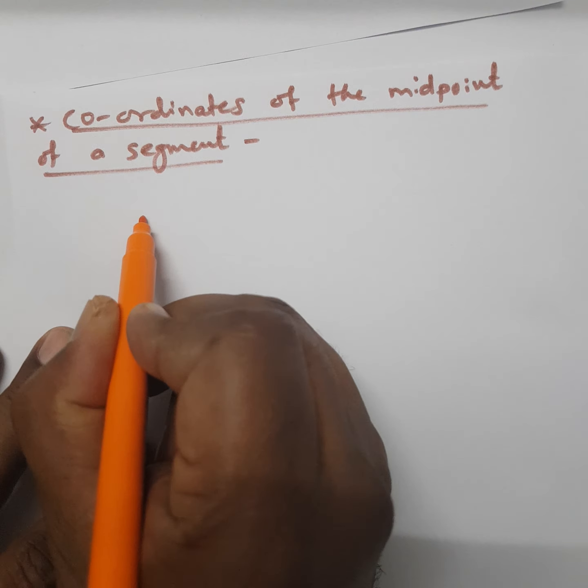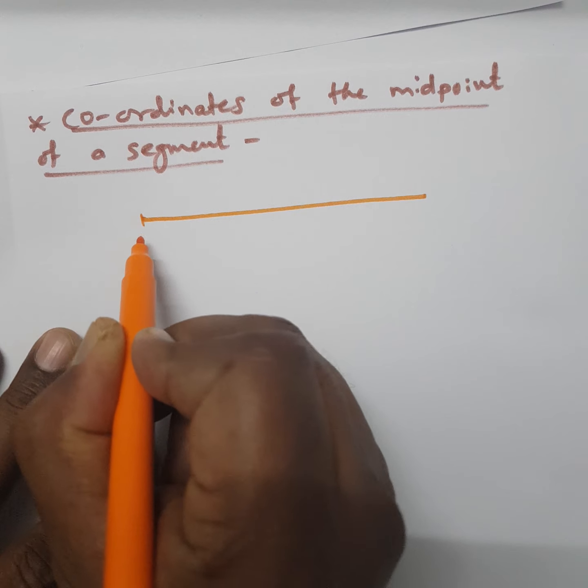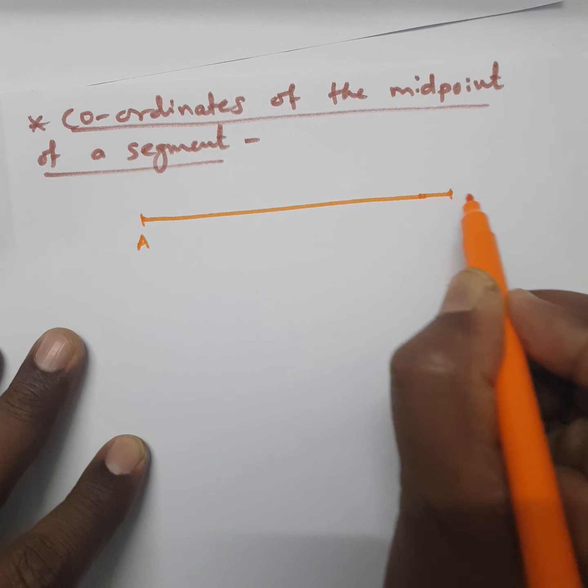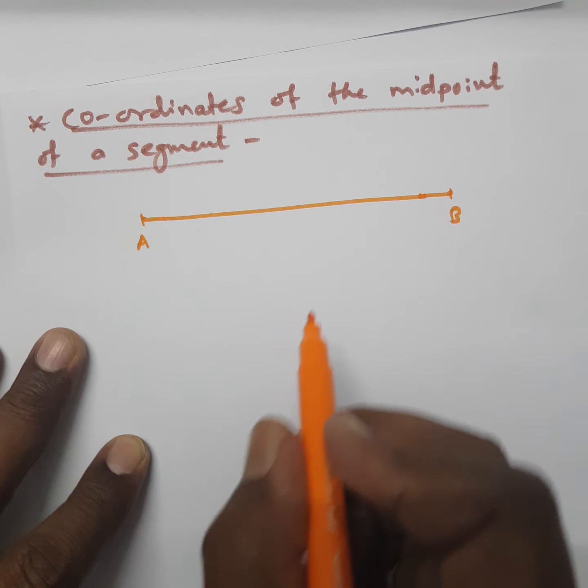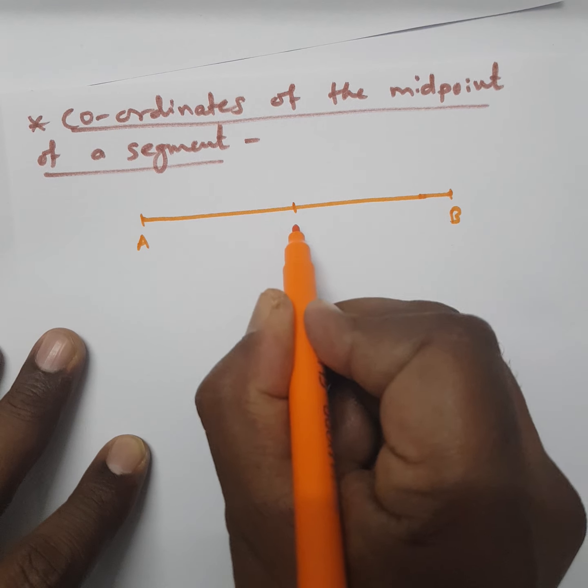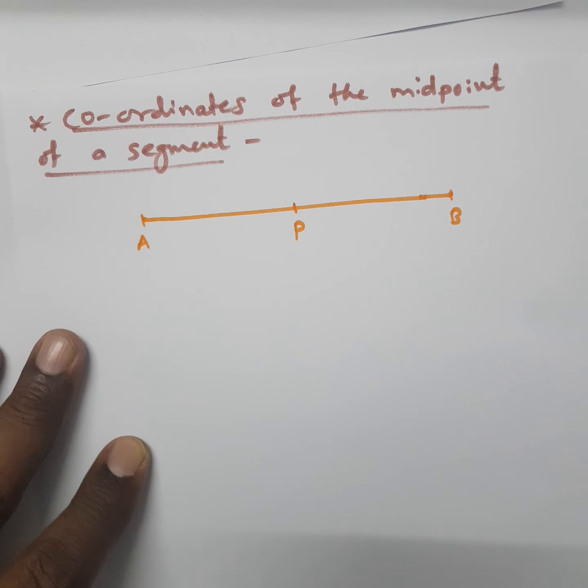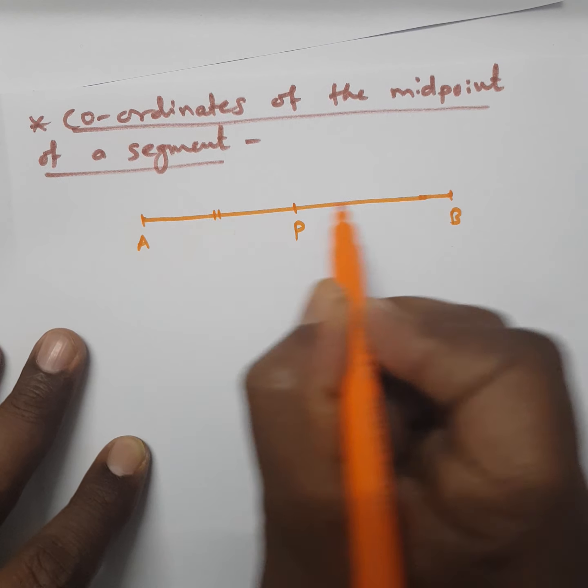Suppose A and B are the 2 points, P is the midpoint of segment AB.